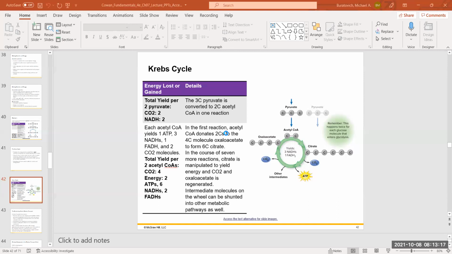And you need to topologically arrange those entities so that when protons and electrons are passed to the electron-only carriers, the hydrogen ions are extruded to the other side of the membrane. You need those three things to have an electron transport chain. And you have those three things in the electron transport chains of organisms.